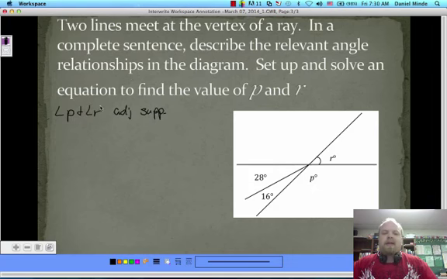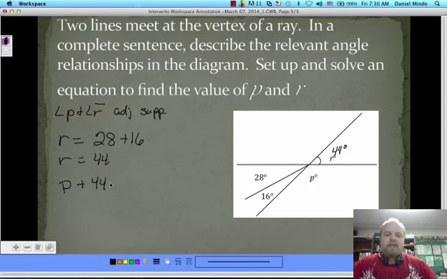Okay. Now, we need to set up an equation. Well, I know that angle R is a vertical angle for these two here. So I can say that angle R equals 28 plus 16. And 28 plus 16 is 44. So angle R is going to be 44 degrees. Now, to find angle P, I can say that angle P plus 44 degrees has to equal 180.